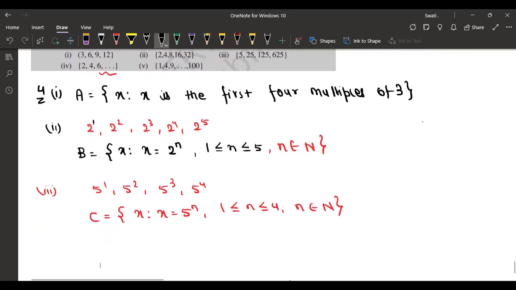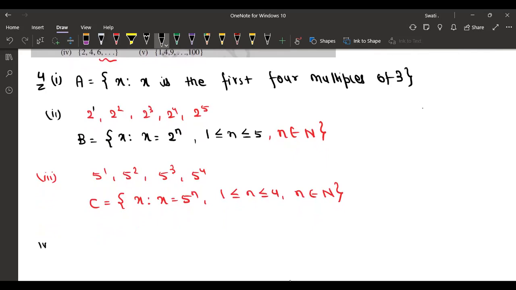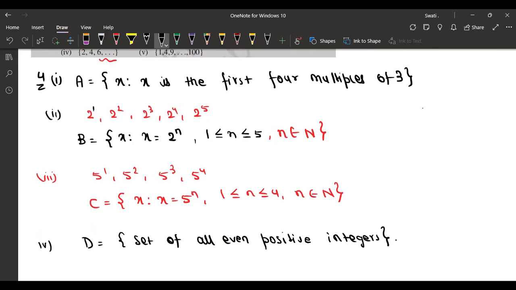So I can simply say that the fourth question is B equals the set of all even positive integers. That is it. You don't have to add anything else. This is enough information.